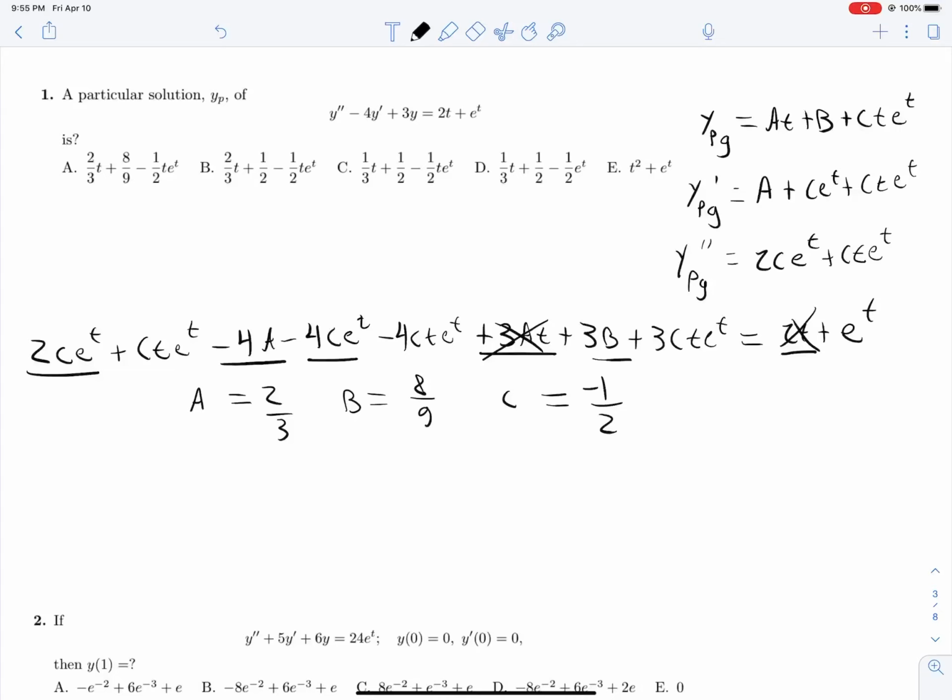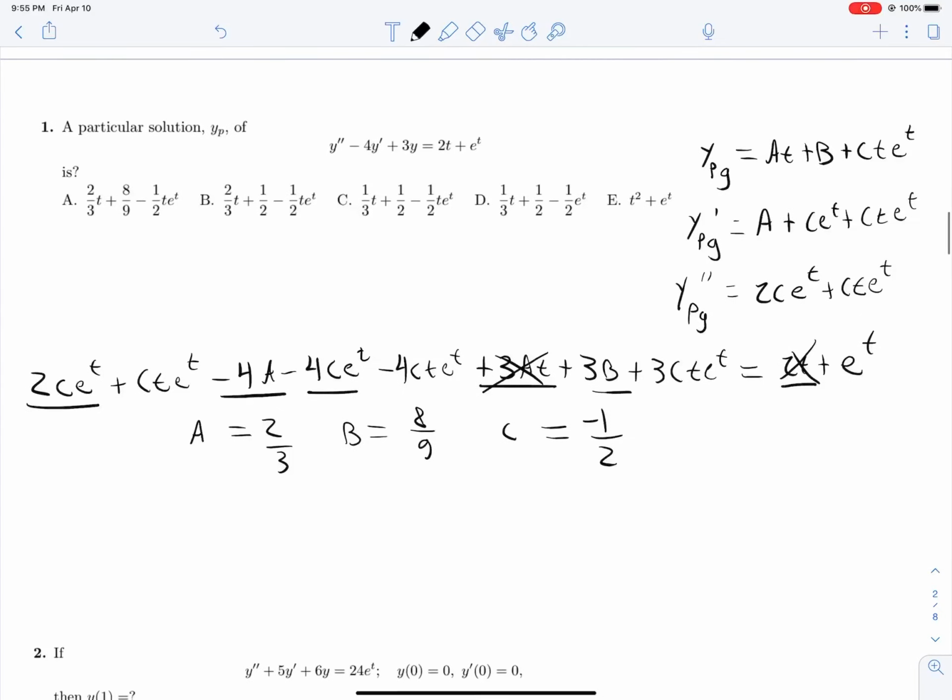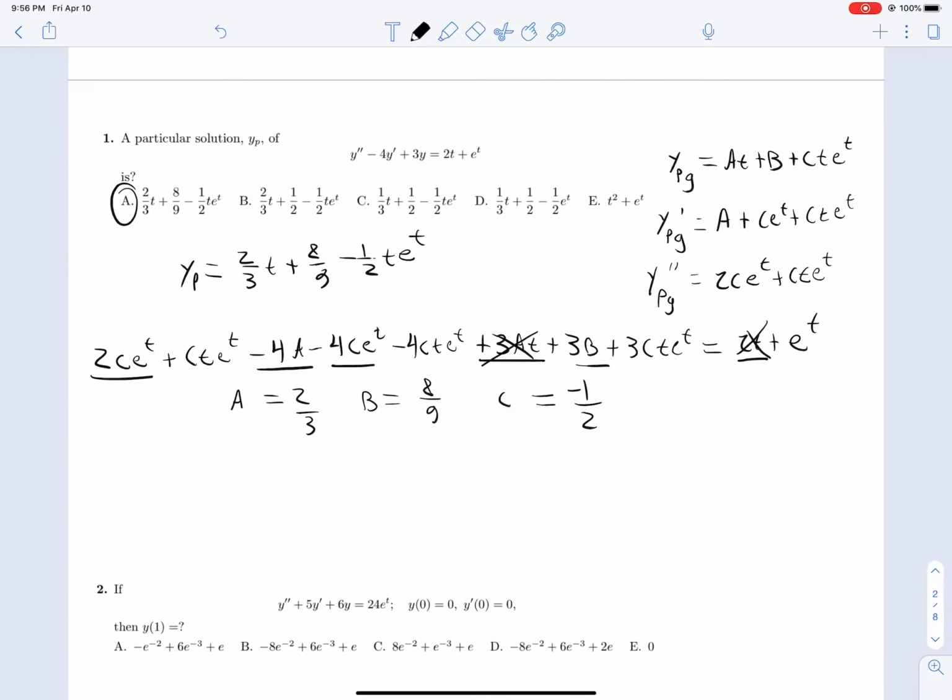And so we're pretty much ready to solve this. We said that a was the factor on t here, so we can start forming yp. That's 2 thirds t plus 8 over 9 minus 1/2 t e to the t. And so that gives us a as our answer.